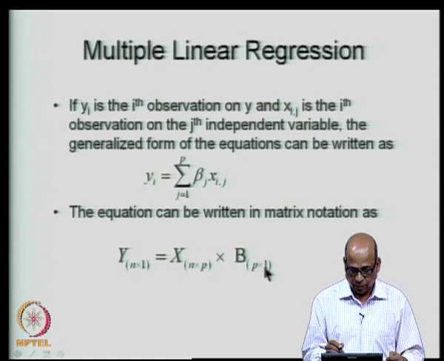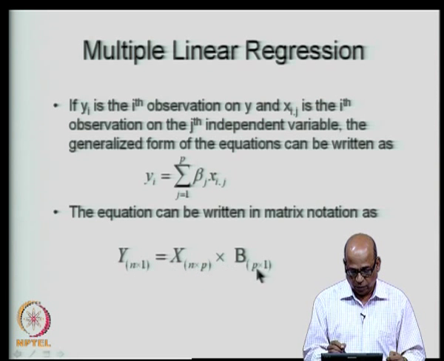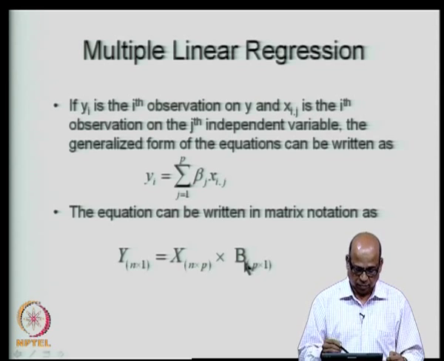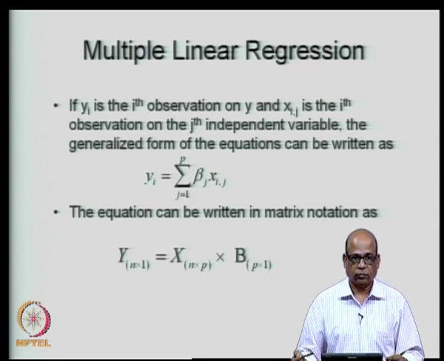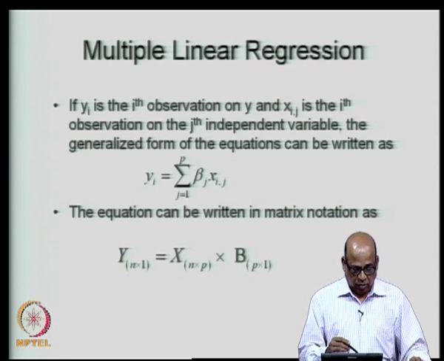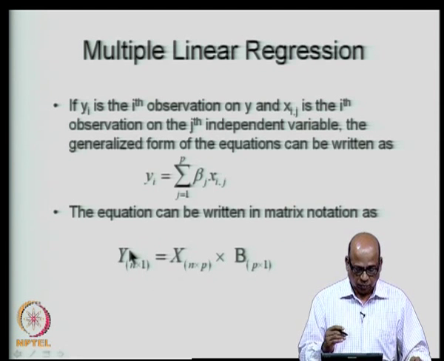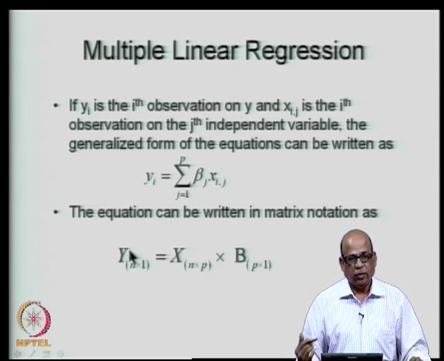I am sorry, it is a column vector with p rows and 1 column. So, what do you get? You will get n into 1 here, y is equal to x into beta, and capital B denotes the beta vector. So, this is the expression that we use as the regression relationship.